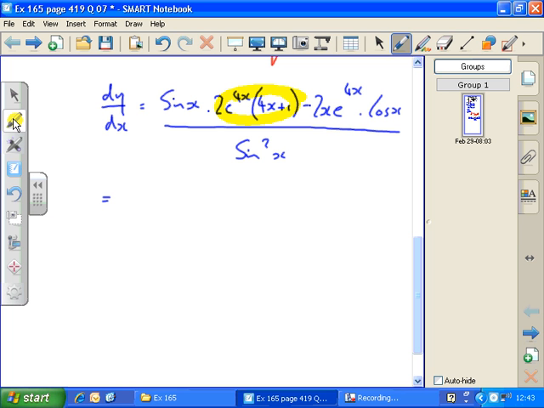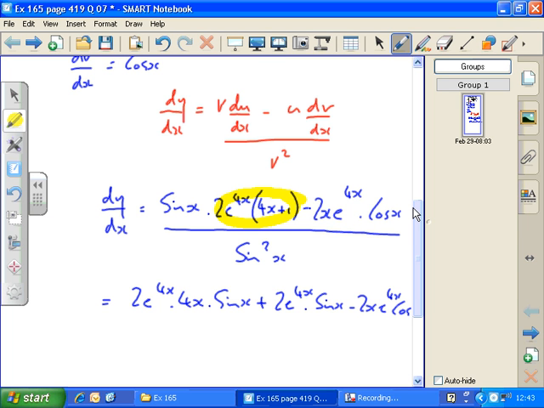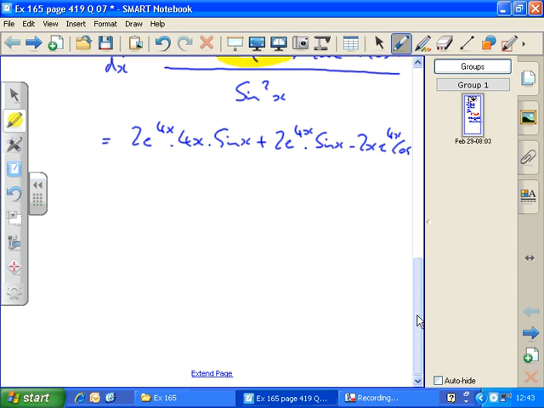So it equals 2e to the 4x times 4x times sine x, plus 2e to the 4x times sine x, minus 2x e to the 4x cos x, all over sine squared x.